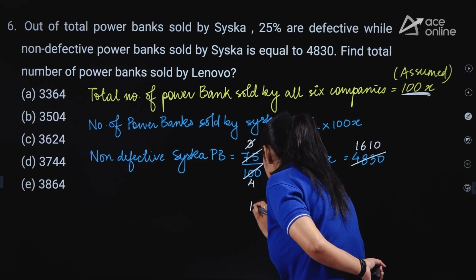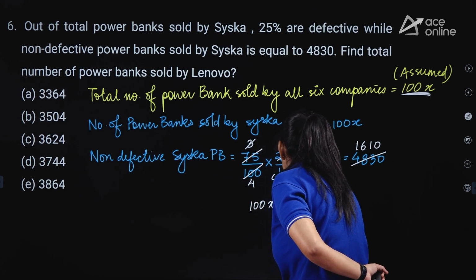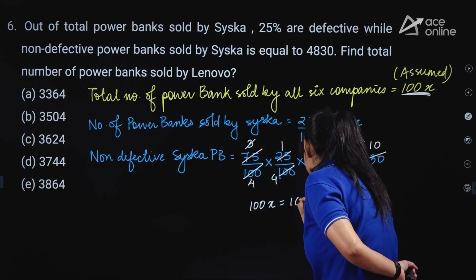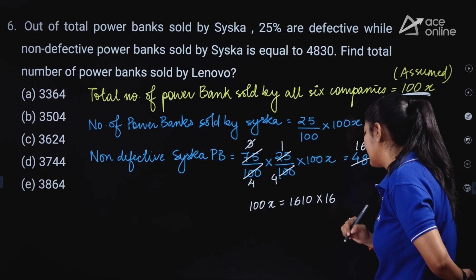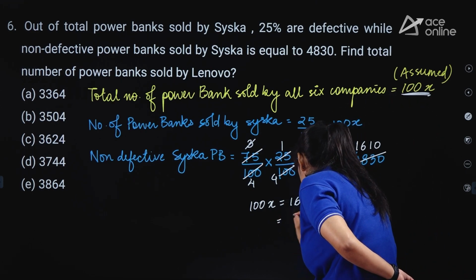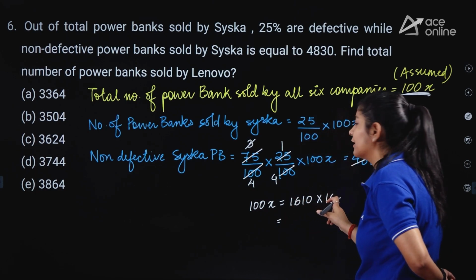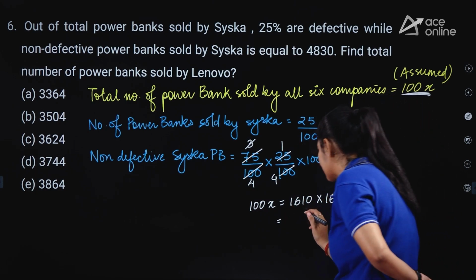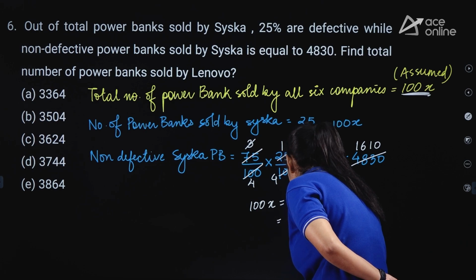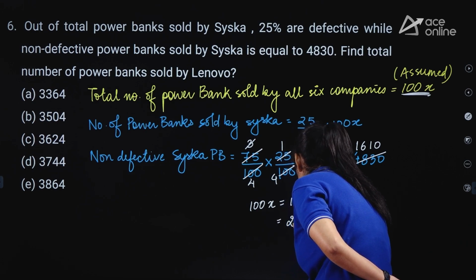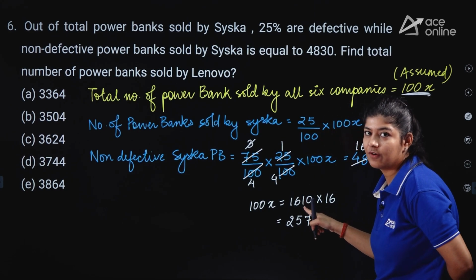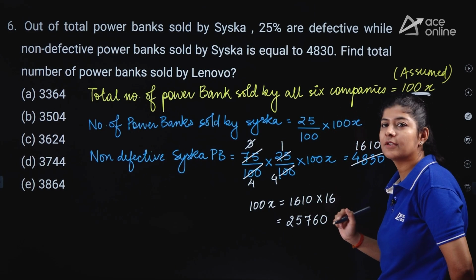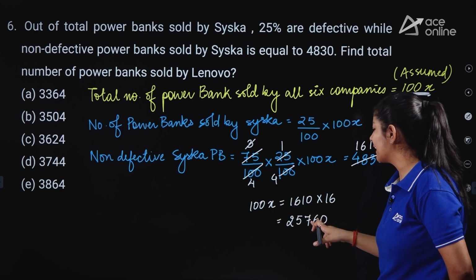Now this 100x is equal to nothing but 1610 multiplied by 16. And when I multiply it, I know that 16 into 16 is 256. So here we are getting 25760 because we are having 1 over here also and we just put 0 over here. So the value of 100x is this one.